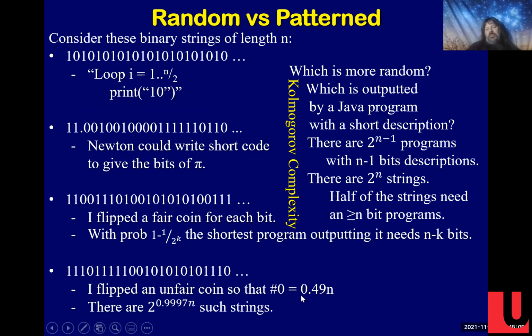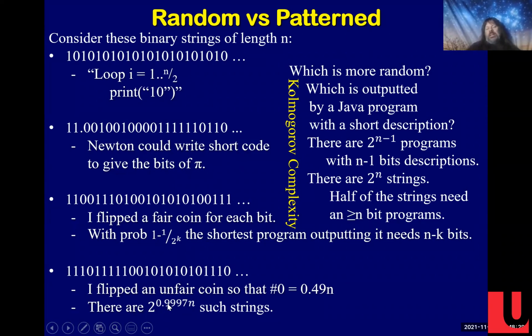You'll see what you should know about 0.99997 is that it's slightly less than 1, because the number of binary strings is 2 to the n, 2 to the 1 times n, and this is slightly less.